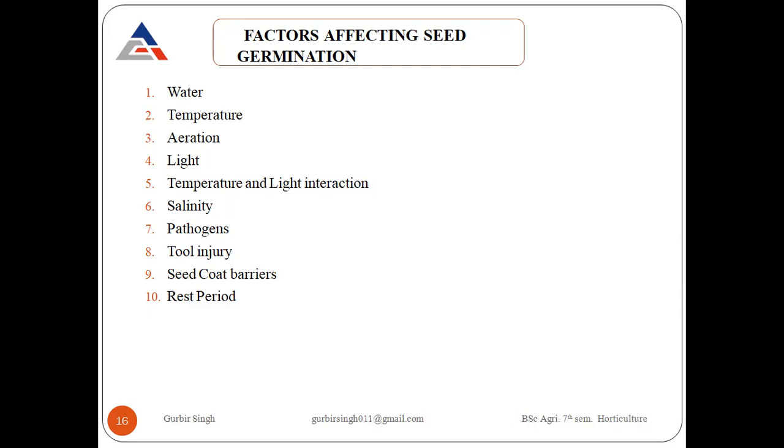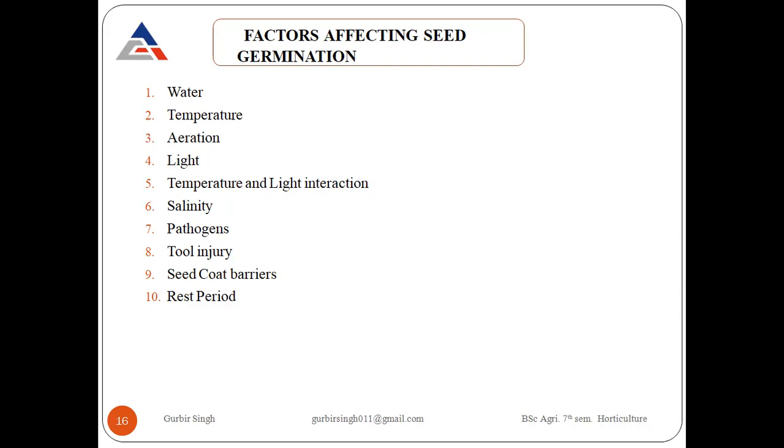Next is tool injury. It is likely that germinating seeds or seedlings are injured by some tool during intercultural operations, which may also result in poor germination of the seeds. Next is seed coat barriers.